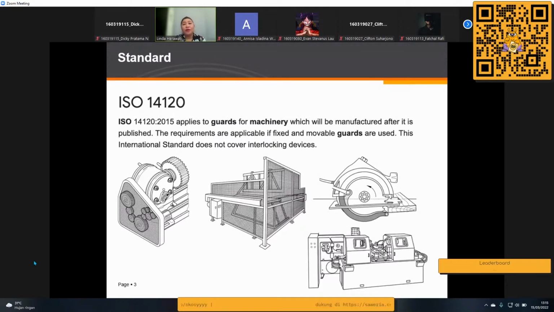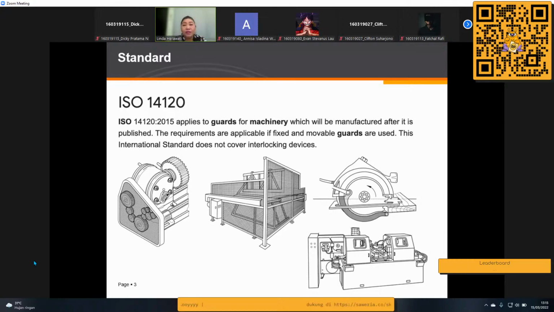The standard for machine safety is ISO 14120. Or maybe we can spell it as ISO 14120, 2015, which applies to guards for machinery that will be manufactured after it is published.